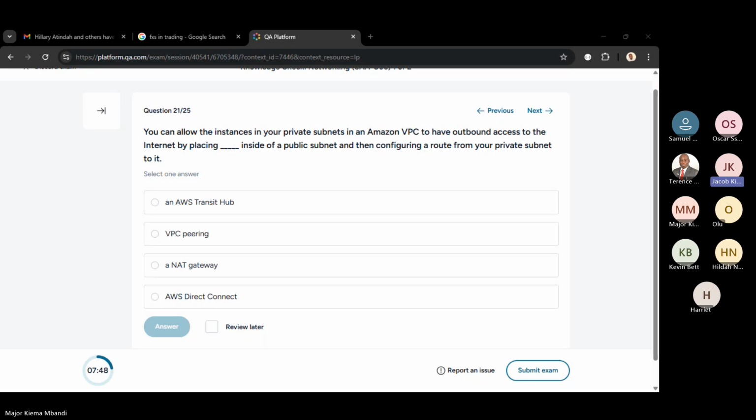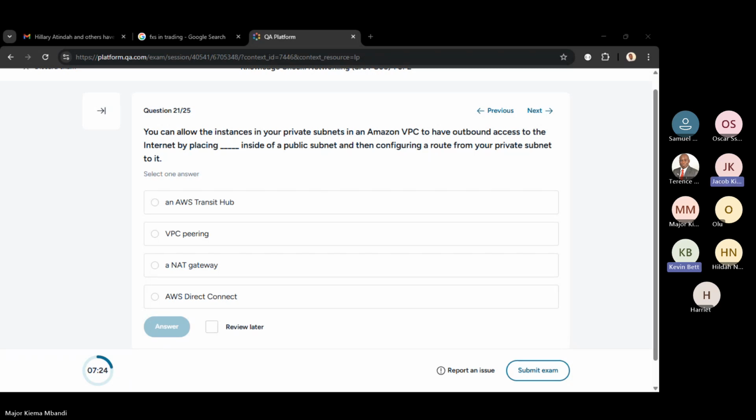The question goes: you can allow the instances in your private subnets in an Amazon VPC to have outbound access to the internet by placing a dash inside a public subnet and configuring a route from the private subnet to it. Option 1, an AWS Transit Hub.